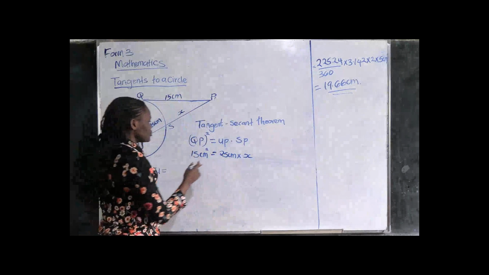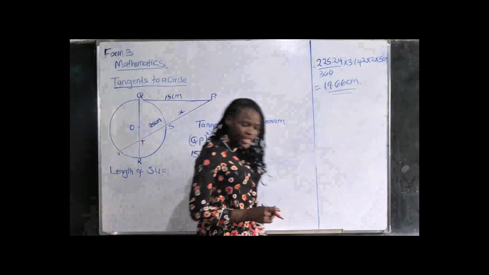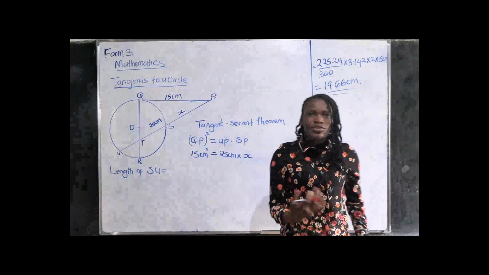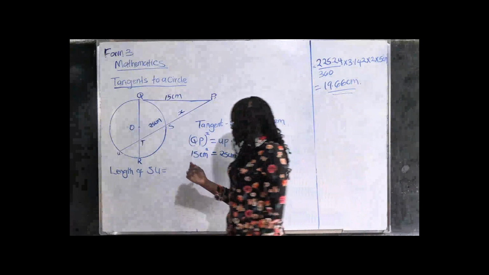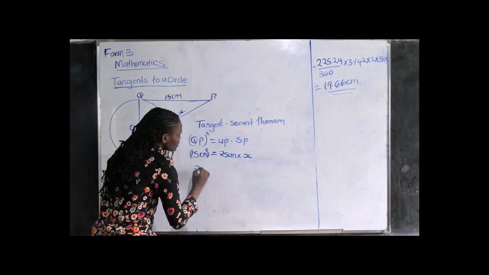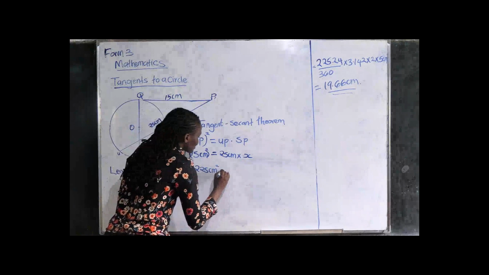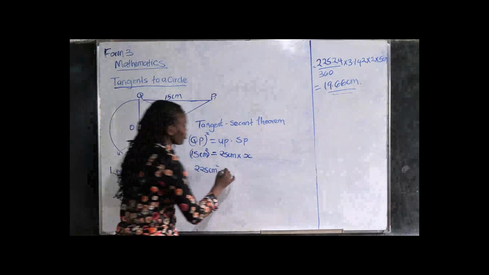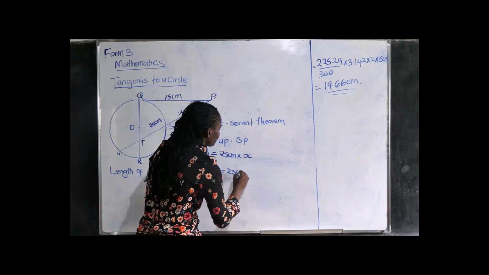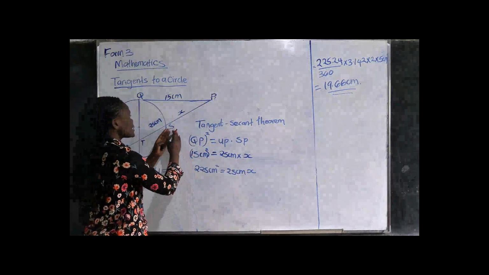Now we can continue. I will have 15 times 15, that is 225 centimeter squared, is equal to 25 centimeter times X. X is SP.